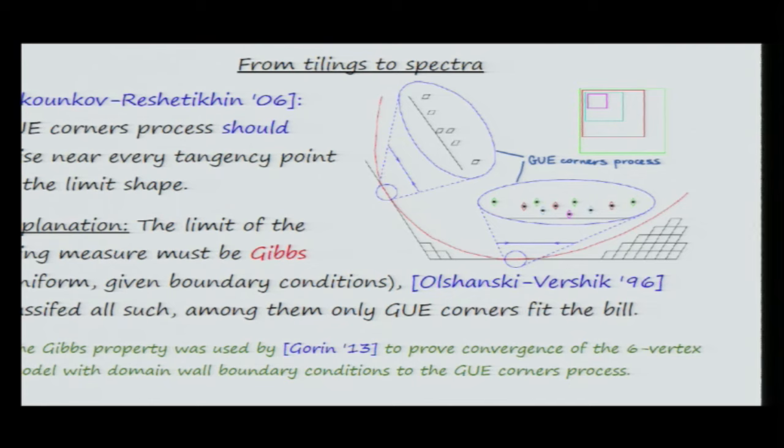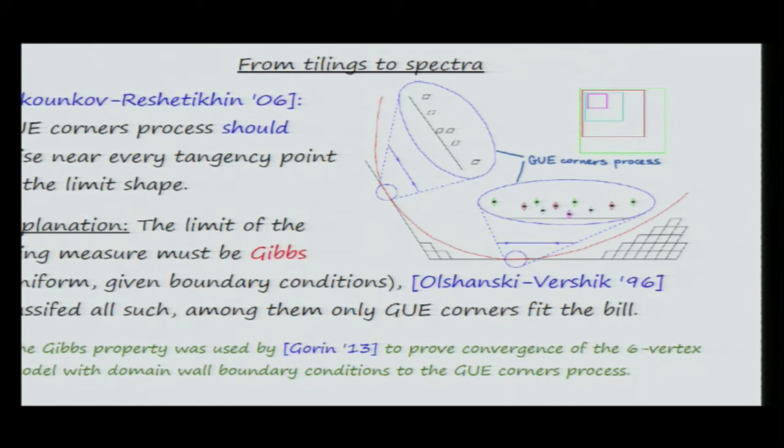So at the very bottom row, there will be exactly one rhombus of vertical shape. And then on the next level, there will be two, and then three, and they will interlace. And so the principle is that when you scale things here properly, in the limit, what you will observe is the random matrix process. Okay? So at finite distance from the border, near the tangency point, you should be observing the random matrix thing. Now, why is that happening?